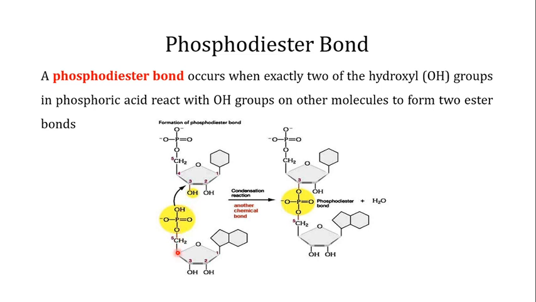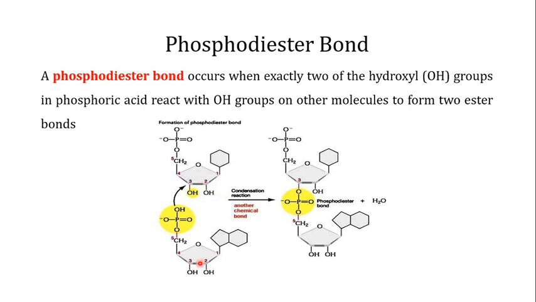So as you are making 2 ester bonds, one bond over here and one bond over here, this is known as the diester bond. We call it the phosphodiester bond because these ester bonds are made by the phosphoric acid.